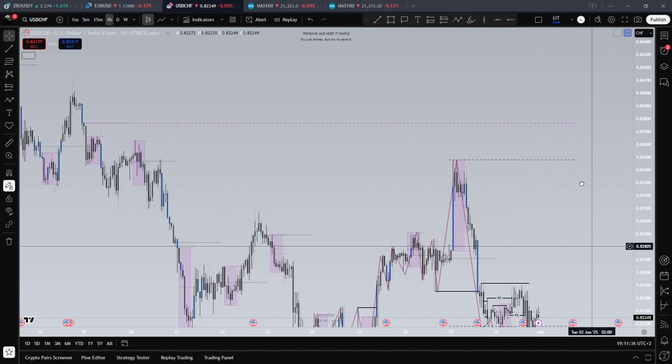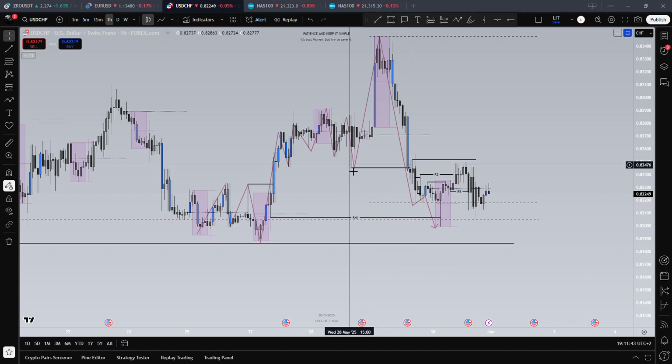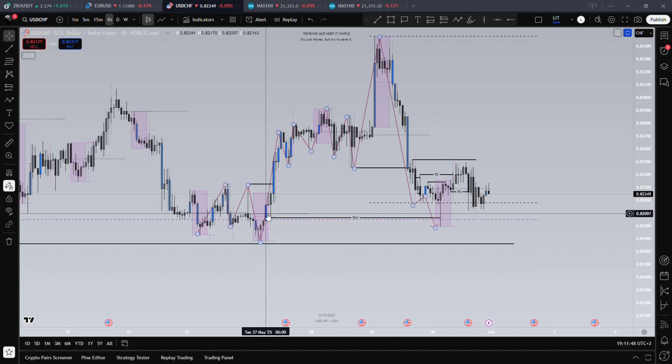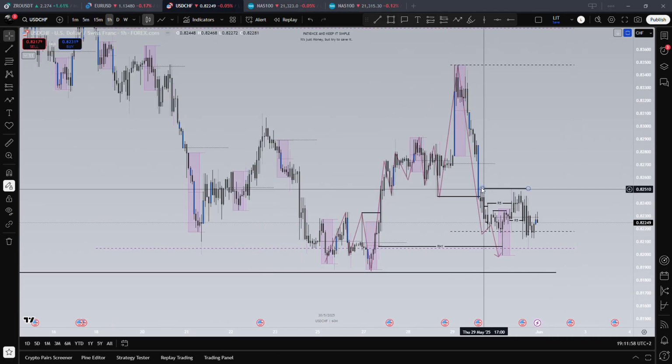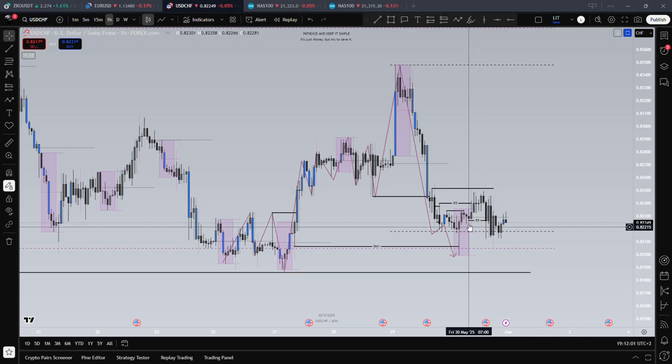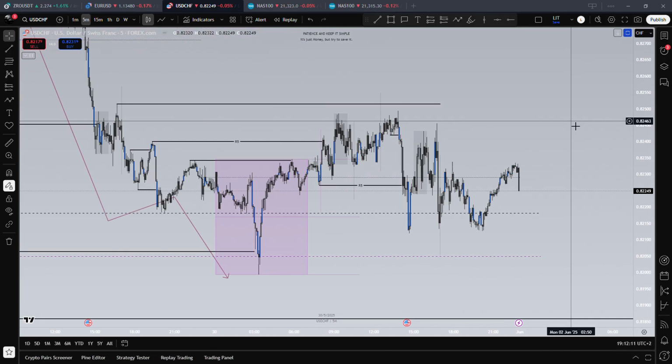So at least I was looking for this high to be taken because I can see break and retest traders entering here, like breaking this low and entering here. It took this round liquidity on H1. So I was expecting this to be taken, as here I think there's breakout and break and retest traders liquidity, but in this moment it never took that. So I was looking for sells.